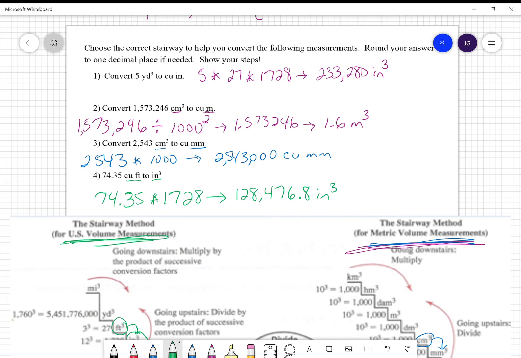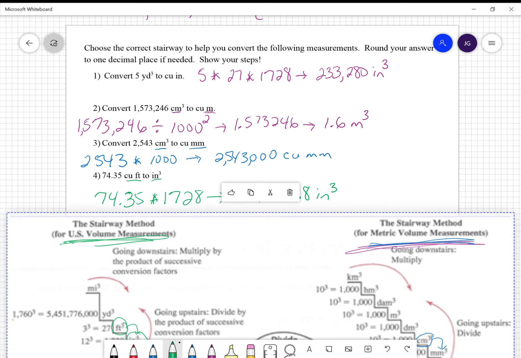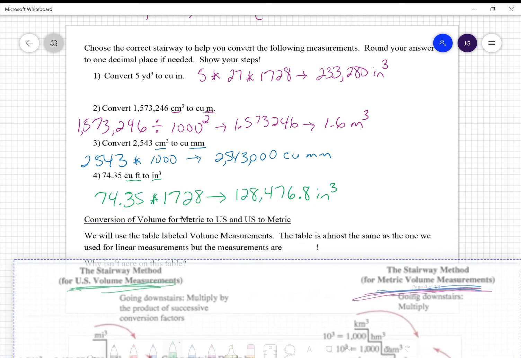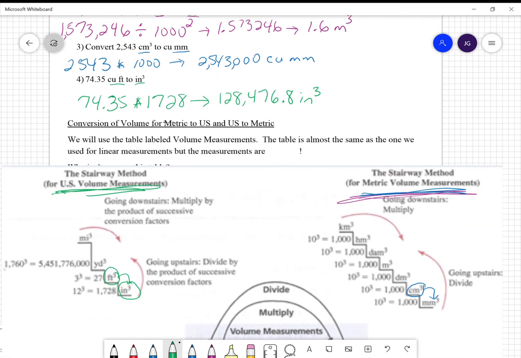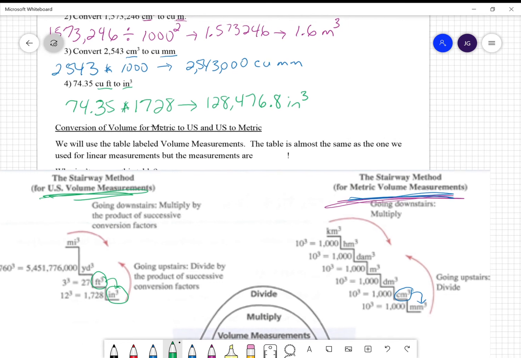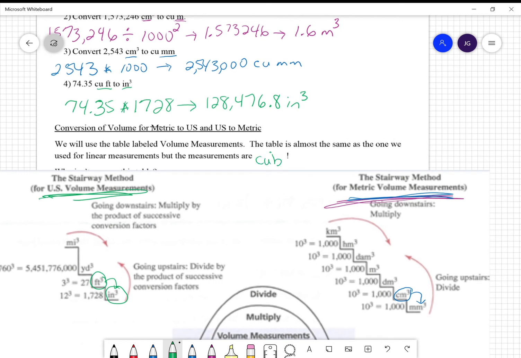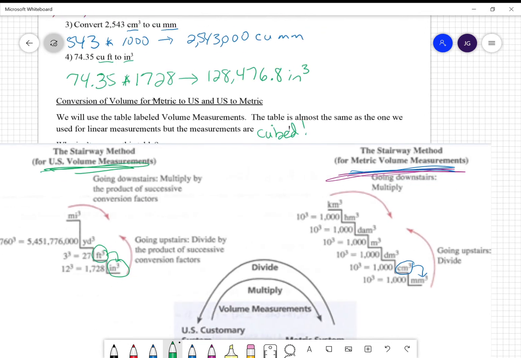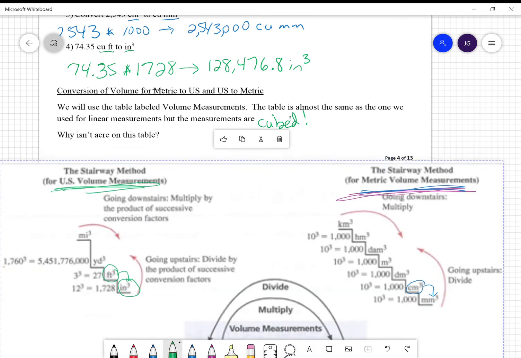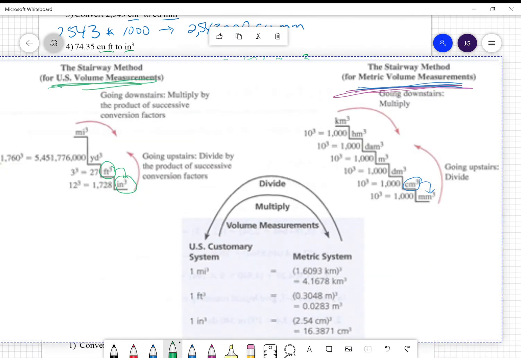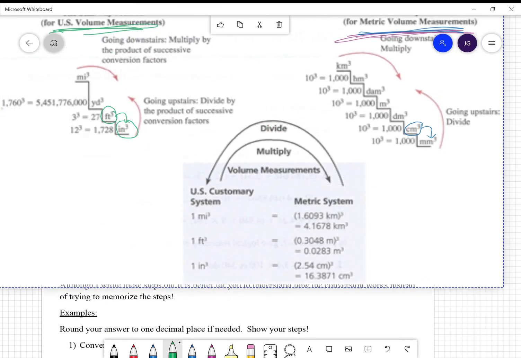Okay, well, you know what's coming next. What if we want to convert between the two? We're going to use the table labeled volume measurements. The table is almost the same as the one we use for linear measurements, but measurements are cubed. Why isn't acre on this table? Let's slide this table up. See, the last one had acre.